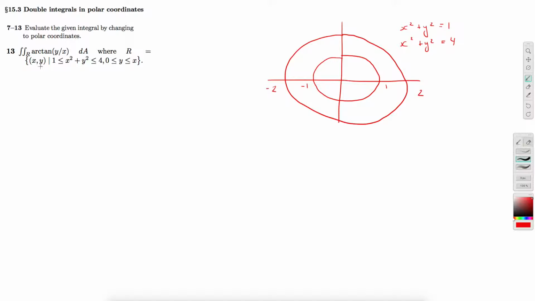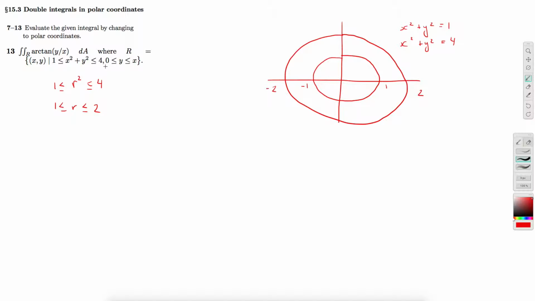So if we wanted to rewrite this in terms of r, x squared plus y squared could be written as r squared between 1 and 4, and that would just be r between 1 and 2 because we're just square rooting both sides. Alright, so we've done the first bit.